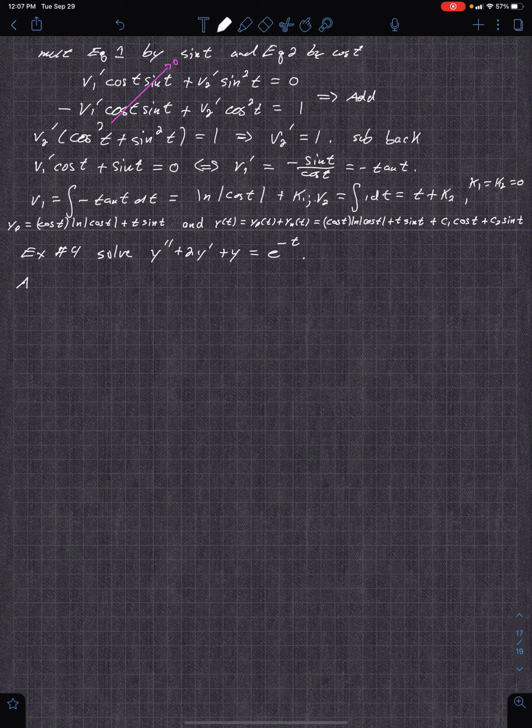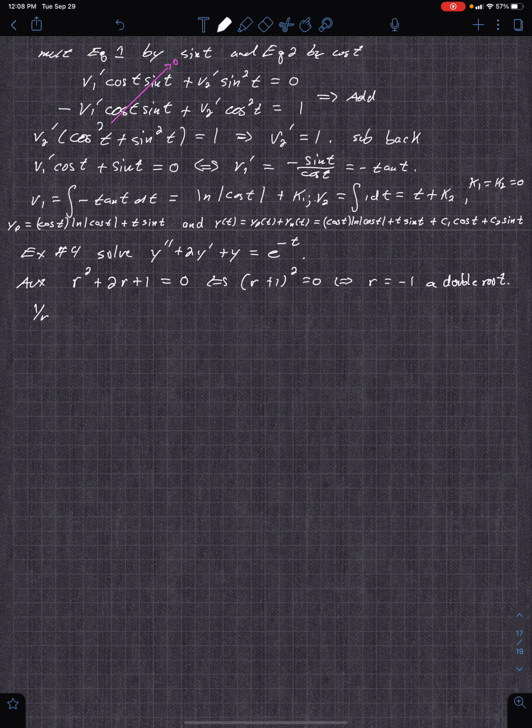So your auxiliary equation is r squared plus 2r plus 1 equal to 0. And so you get r plus 1 squared equal to 0. So you get a double root in this case. So r is equal to negative 1, a double root.